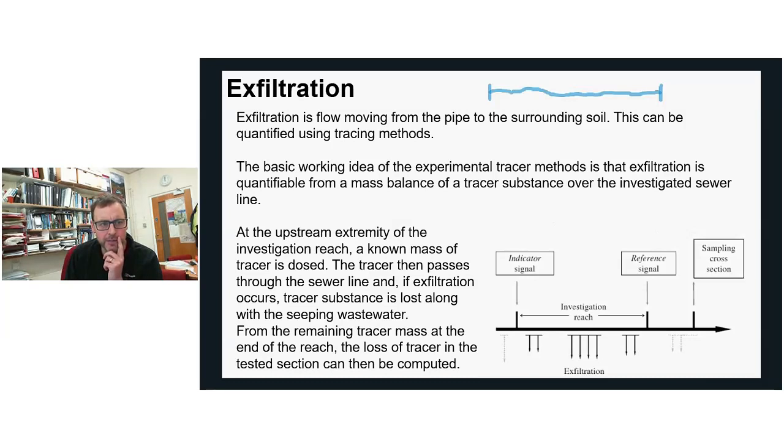Just say we had infiltration flows coming in here through a crack in the pipe, we've got a known dye concentration on the left hand side. The infiltration groundwater comes into the sewer pipe. That reduces the dye concentration. So we measure it here, we've picked up a lower concentration of dye, and that tells us that flows are coming into the pipe network.